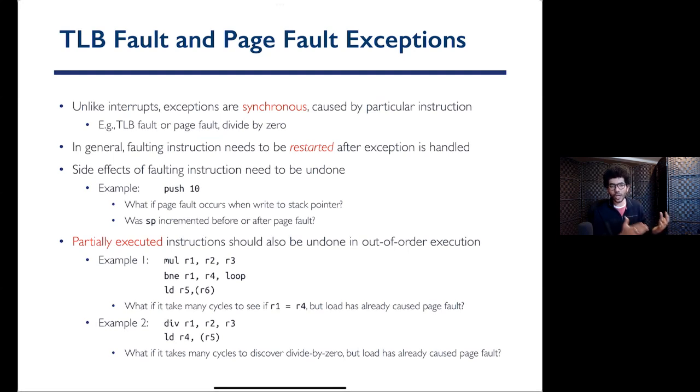That instruction caused an exception, and now you want to re-execute it once the exception is handled. For example, if the instruction was using extra heap that was not allocated, now that it's allocated, you want to re-execute that instruction. Now, what could happen if the instruction that raised the exception has side effects? So what do I mean by side effects?